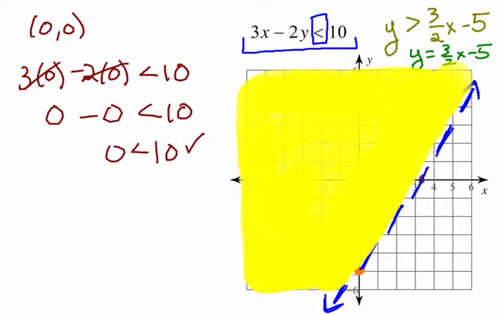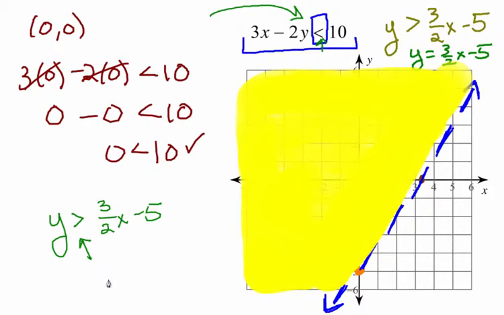Now, some of you might be confused looking at the fact that our original inequality here said less than. You're probably thinking, well, less than, I need to be shading below the boundary line. Let's think about what happened when we put this in mx plus b form. We got that y was greater than 3 halves x minus 5. And that sign flipped because we divided by a negative number.